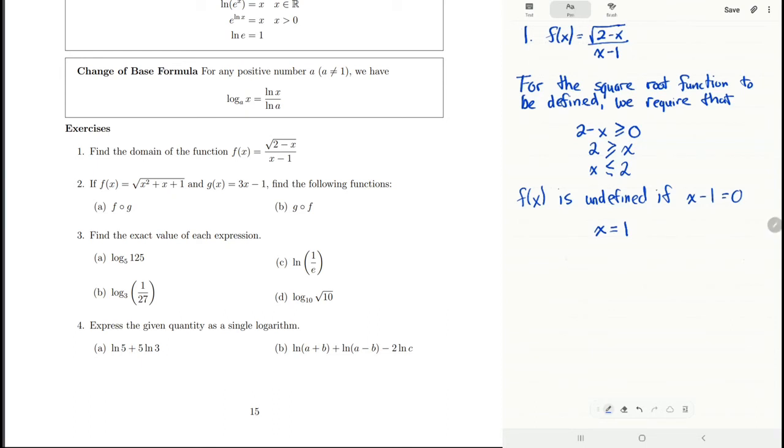So here what we could do is draw a number line. So we found that x can be less than or equal to 2, but x cannot be equal to 1. So here we can shade in the value of 2, but we have an open circle at 1, and x can be any number that is smaller than 2.